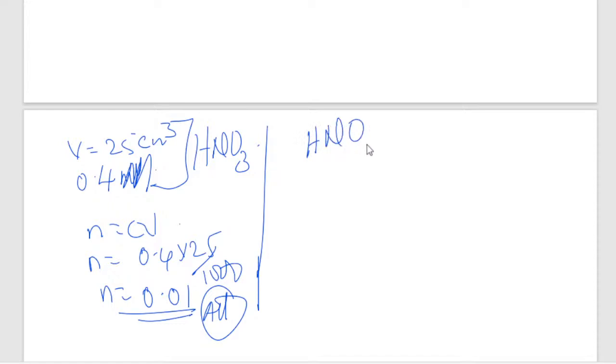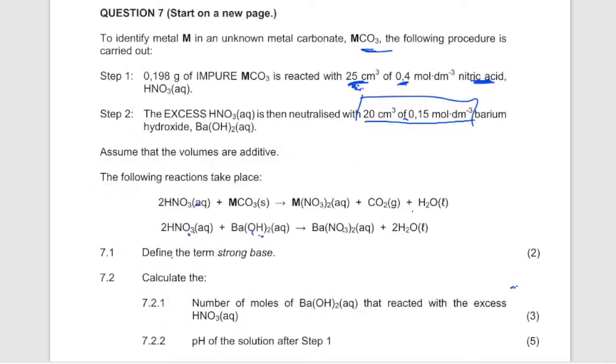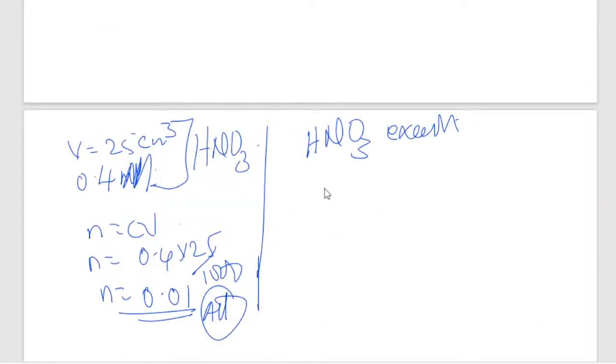Nitric acid excess. So nitric acid excess, we calculated it already, isn't it? By finding it here. Yes, we calculated it already. Okay, let's do it. 20, still the same thing.